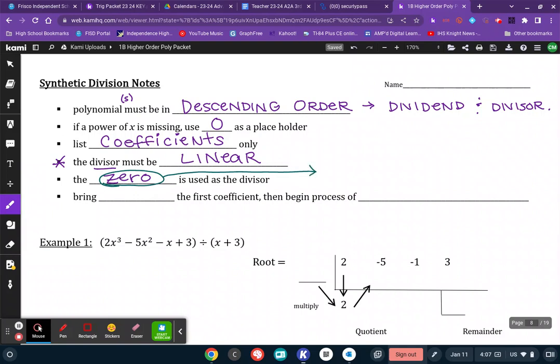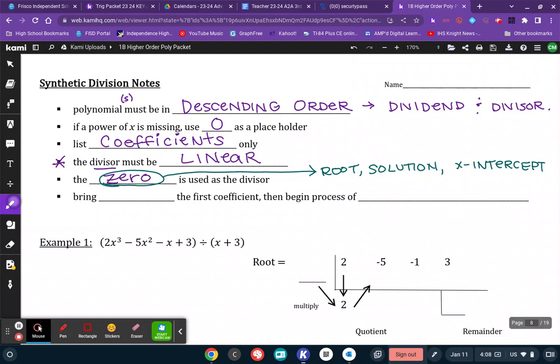A 0 could also be referred to as a root or a solution or an x-intercept. Any of those words describe the same thing. So they might be used interchangeably throughout the lesson or through your directions or practices, whatever you may have. 0, root, solution, or x-intercept.